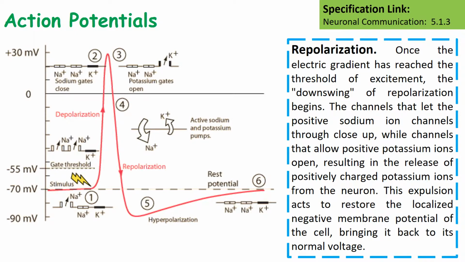The channels that let positive sodium ions in close, while channels that allow positive potassium ions open, resulting in the release of positively charged potassium ions from the neuron. This expulsion acts to restore the localized negative membrane potential of the cell, bringing it back to its normal voltage.